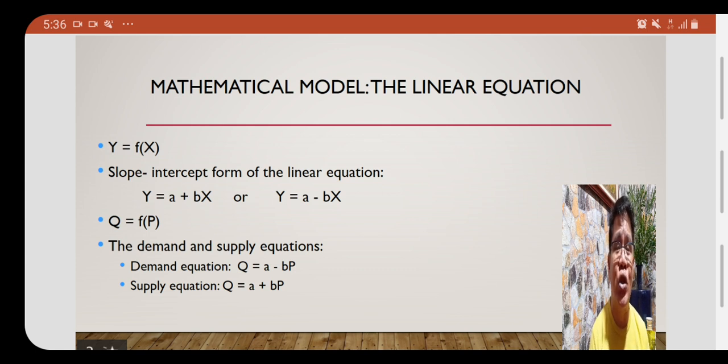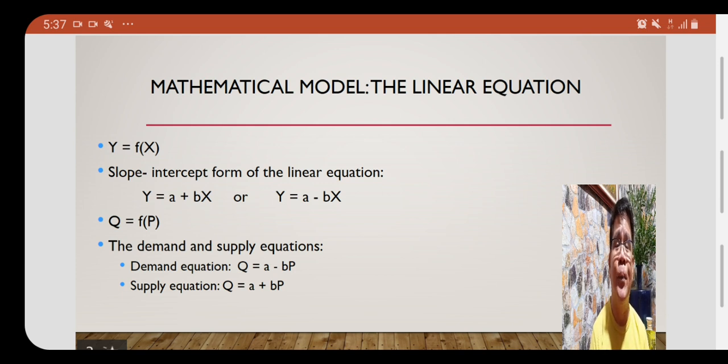But when the relationship is direct, in the case of the law of supply, according to the law of supply, if the price increases, quantity supplied increases also. Or if the price of the commodity decreases, the quantity supplied decreases also. So the law of supply tells us clearly that the relationship existing between quantity and price is direct.